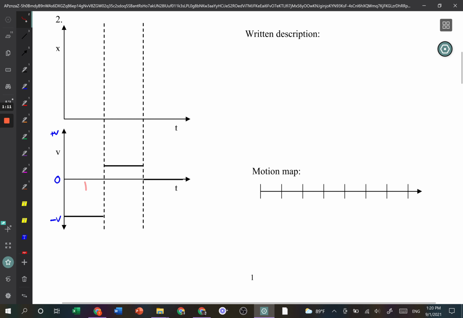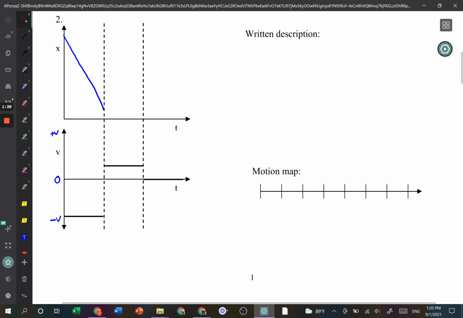And because that negative velocity is all the way down here, I know it's going to be a pretty steep slope. So I'm going to start off with a pretty high y-intercept, and I'm quickly going to go down in a straight line. That's going to be one constant slope that has a negative slope, which is how we know that on a position versus time graph, that's how we can represent a negative velocity.